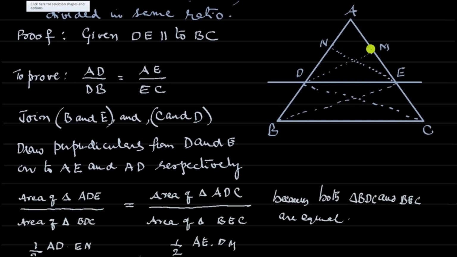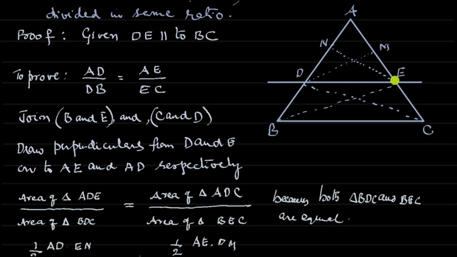Area of triangle ADE divided by area of triangle BDE, ADE by BDE, you take that ratio. And you take the ratio of ADE by this triangle. First, this triangle by this triangle.